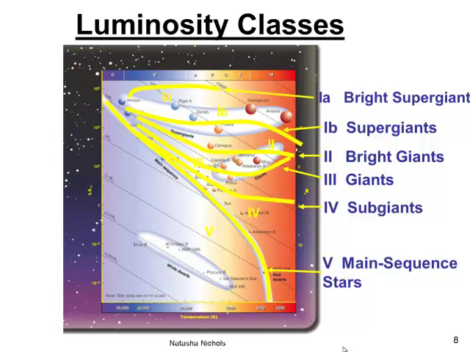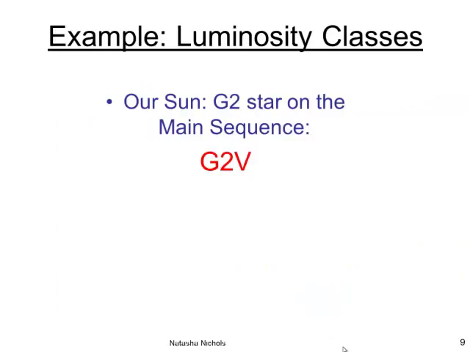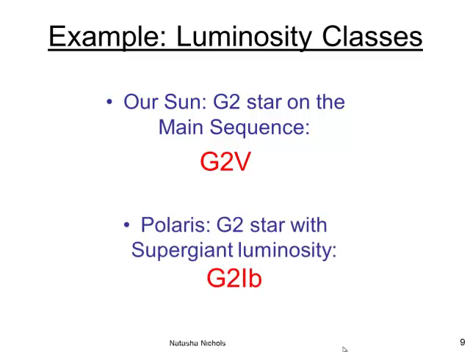So a good question would be, what is the spectral type for the Sun? Our Sun is a G2 star on the main sequence, so the astronomical classification for our Sun is G2 V. Polaris, on the other hand, even though it is a G2 star, because it is a supergiant, it falls on the luminosity range of 1b.